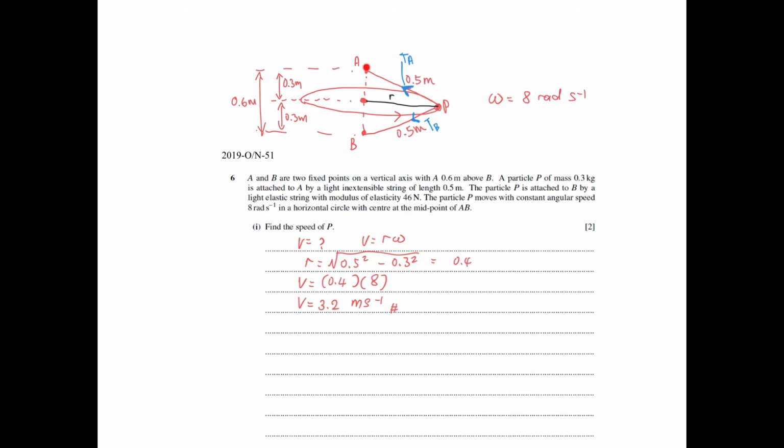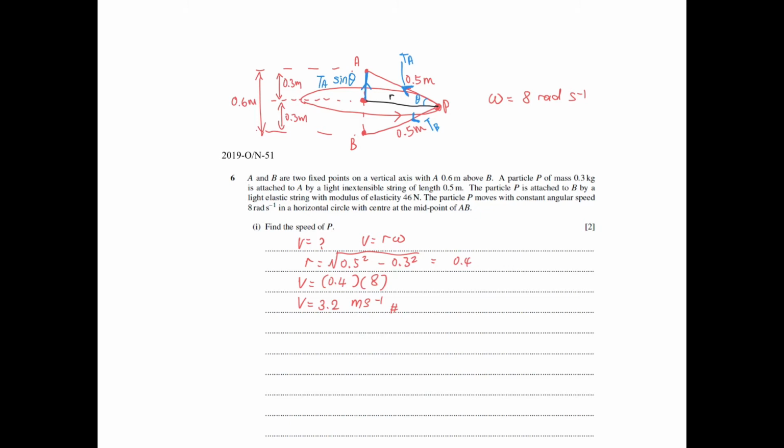Let's say this one is the vertical component, and to find it is not too hard. Imagine you want to find theta. You can easily find theta, and then that vertical component is TA sine theta.